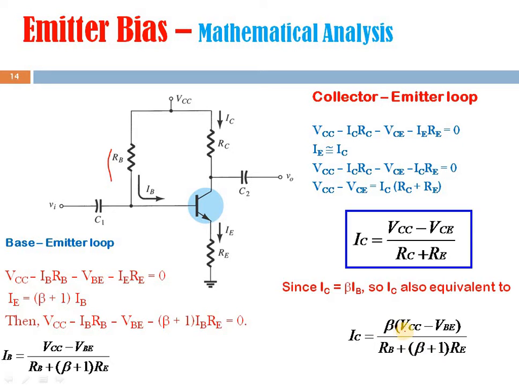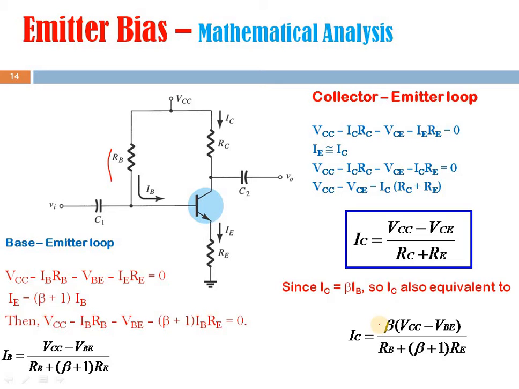So if the beta is increasing, the numerator is increasing, and partially this denominator also, and if both numerator and denominator are increasing, then the increase is not so much, while in case of a self bias arrangement, only in the numerator there was beta and the beta was increasing.